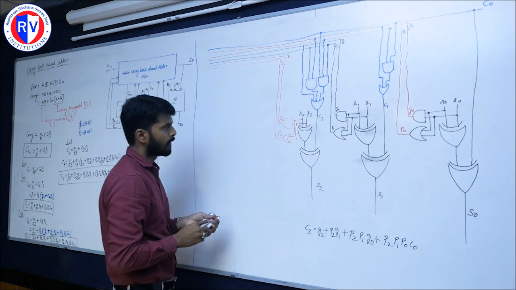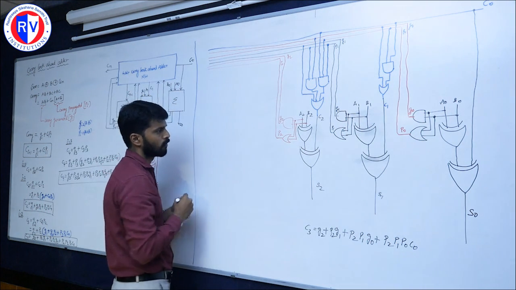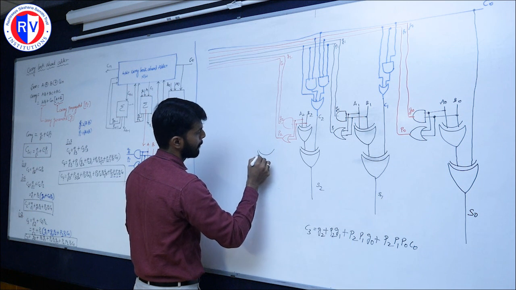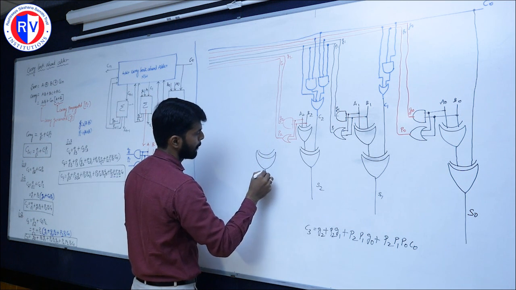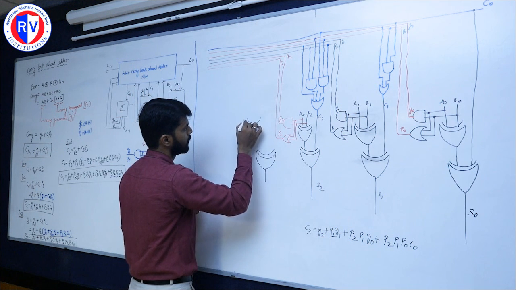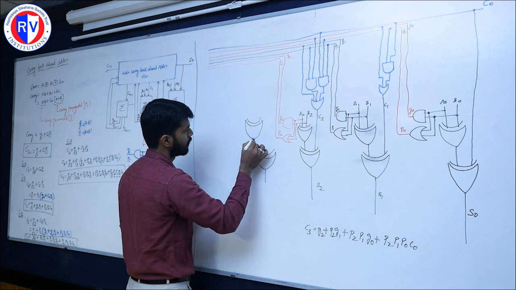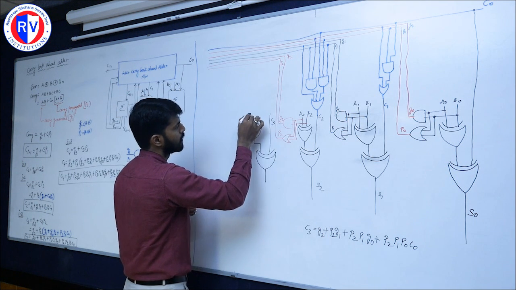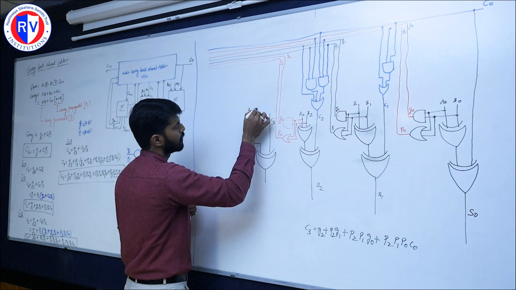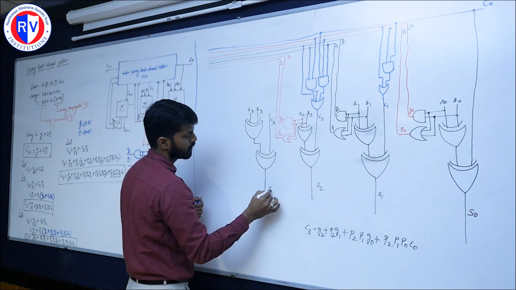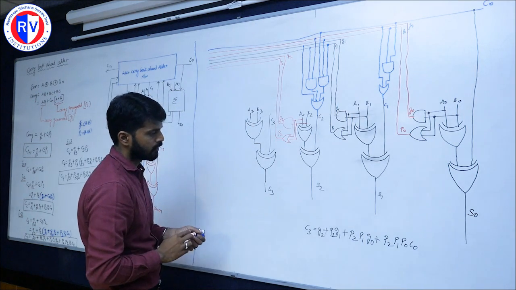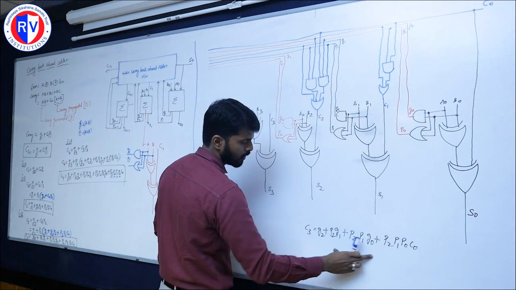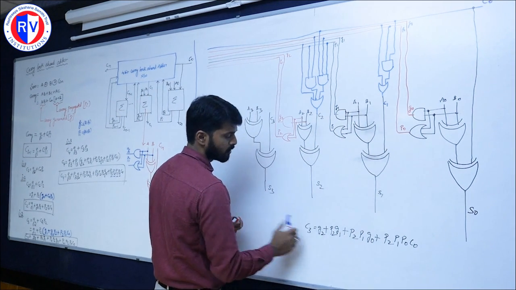Here I will take one more OR gate, and one more OR gate here, and it gets connected, and here I want C3. So this is A3, B3, this is S3, and this is the C3 equation. If I perform this operation, I will get the C3 output.